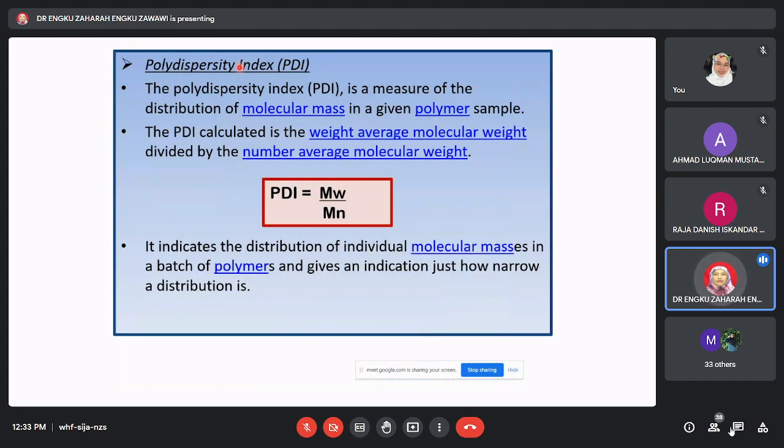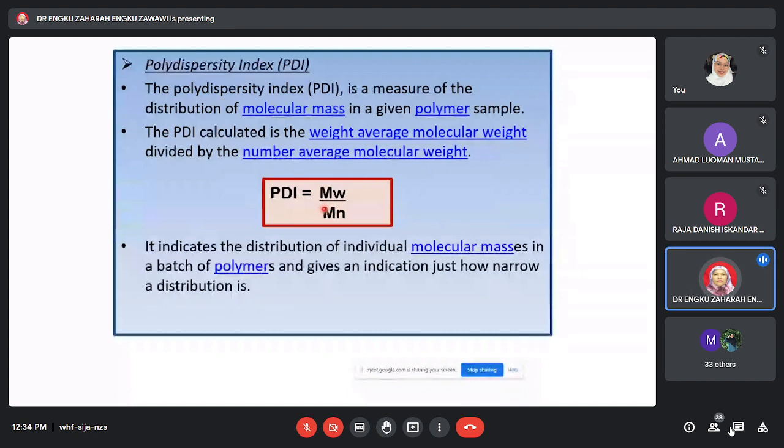Okay, next, polydispersity index. The polydispersity index ni ialah kita measure of the distribution of molecular mass in a given polymer sample. So polydispersity index is the weight average molecular weight, kita divide by the number average molecular weight.